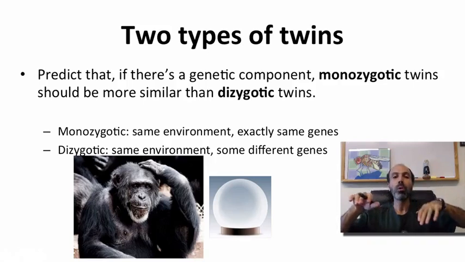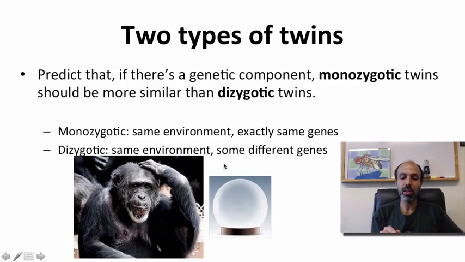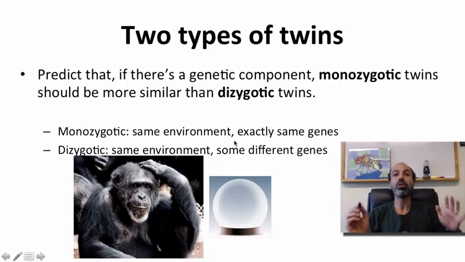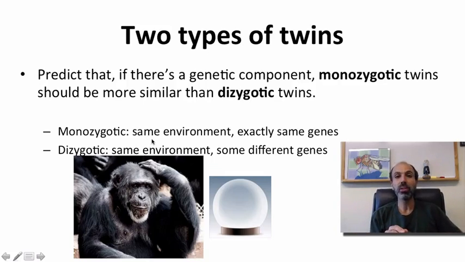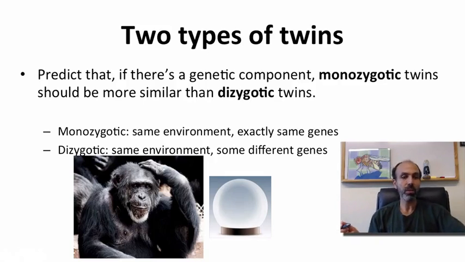Dizygotic might be a little bit more different because they don't have exactly the same genotype. They have some different genes, whereas the monozygotic have exactly the same genes. And we're assuming these twins are reared in the same environment or close enough. There's no particular difference. If you have monozygotic twins versus dizygotic twins, you probably don't treat them any differently. You treat them the same because they're your kids.